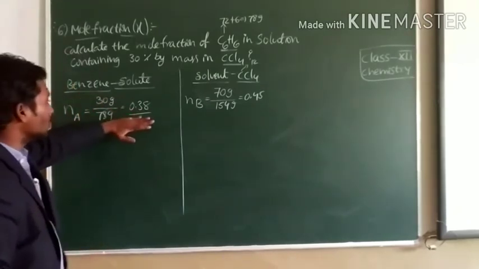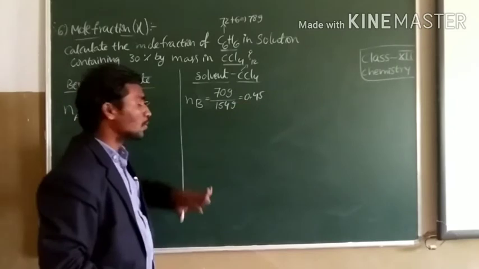So the number of moles of solute is 0.38 moles, and the number of moles of solvent is 0.45 moles.